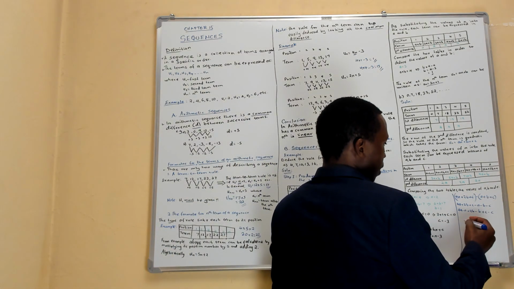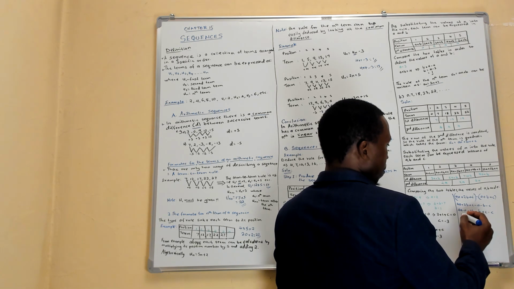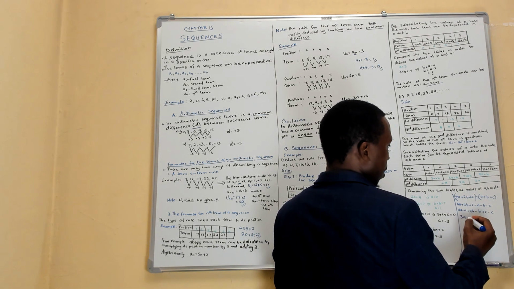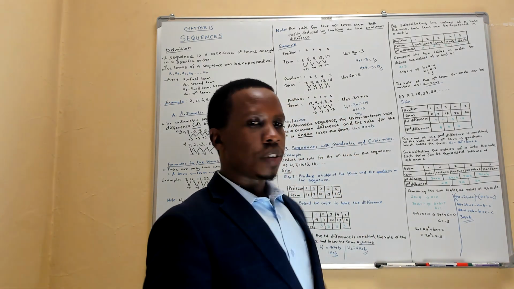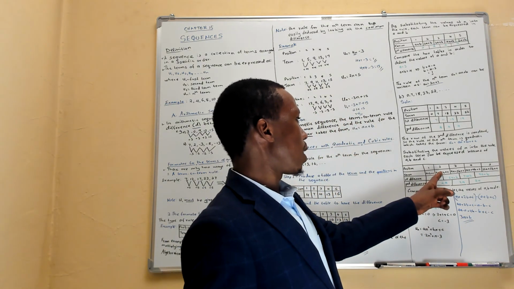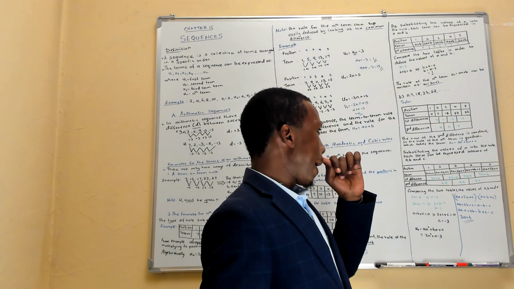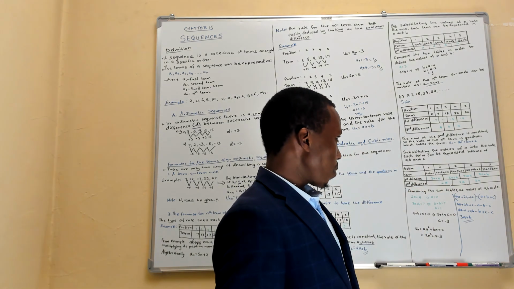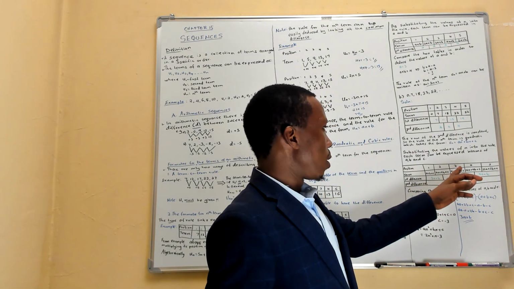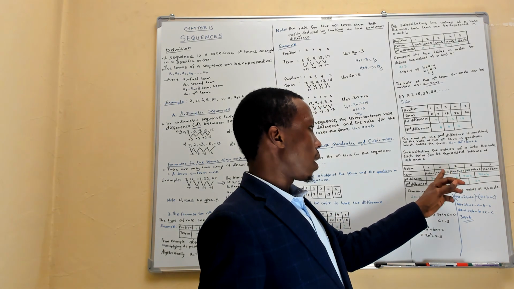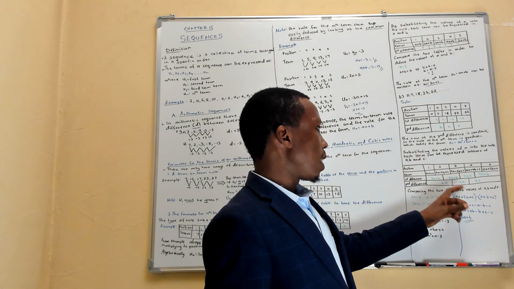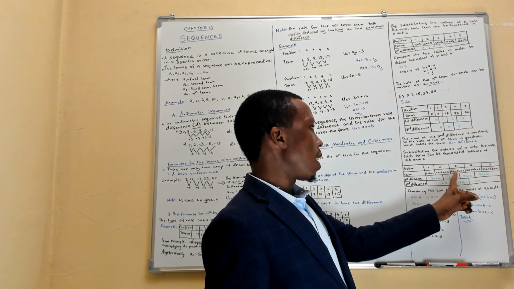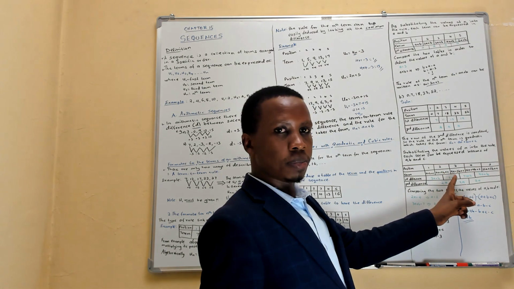And if I simplify this further, I'll remain with 3a plus b. So 3a plus b is my difference between the second and the first. And even if I would want to do the third and the second, which you can do, you'll be able to realize that the difference between the third and the second is 5a plus b.